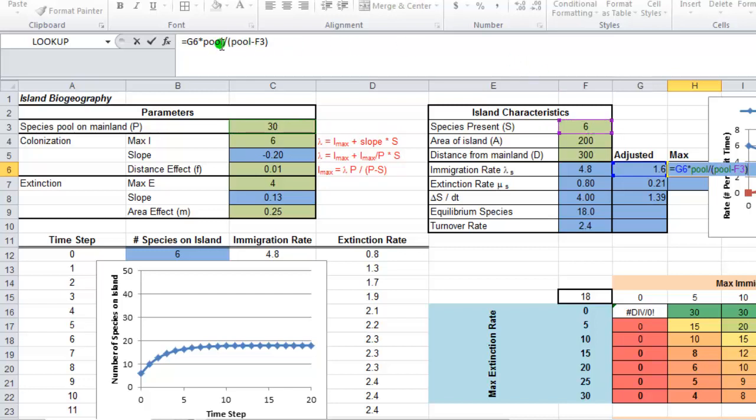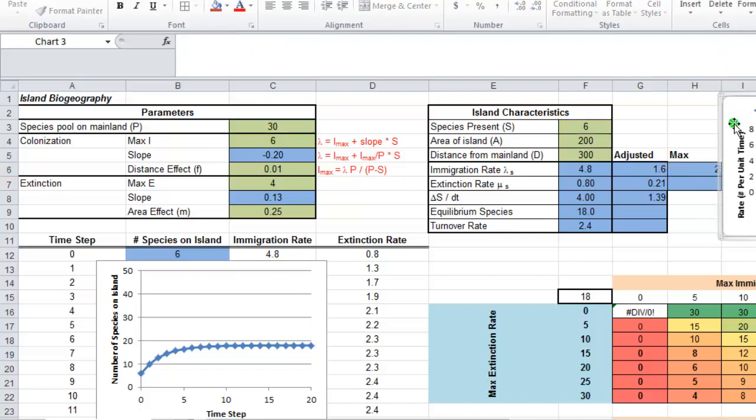And let's go ahead and just add in some parentheses to make sure our order of operations is correct. And we end up with a maximum immigration rate of 2 species per time step.